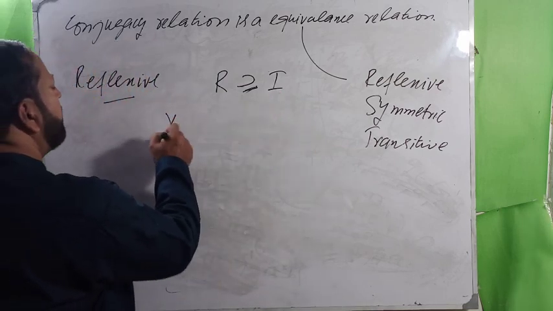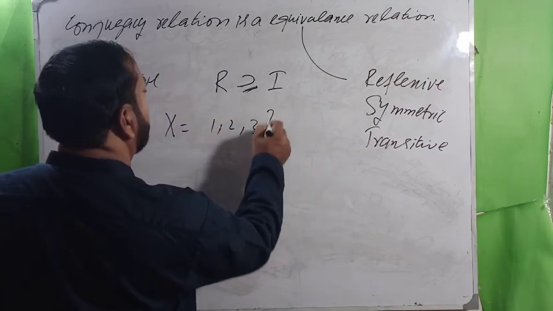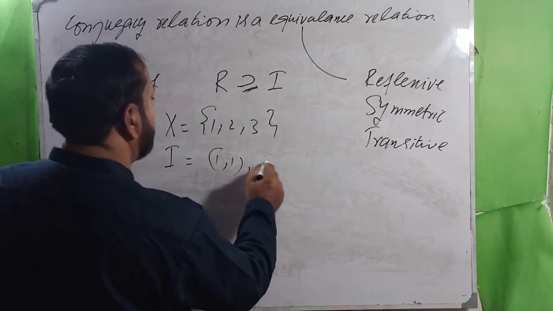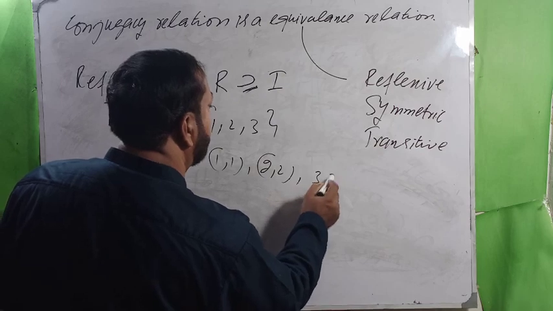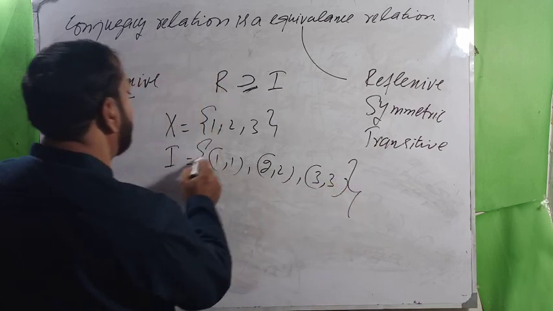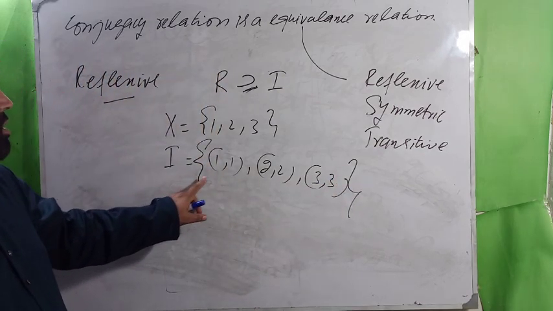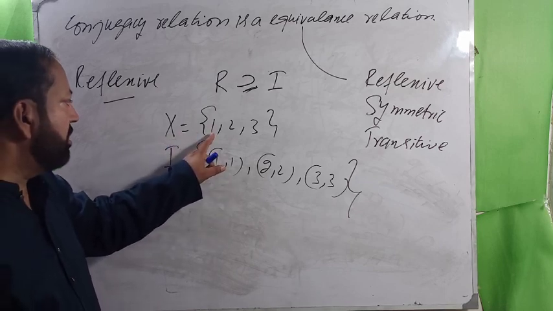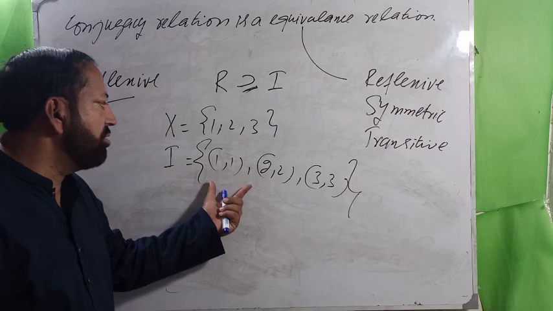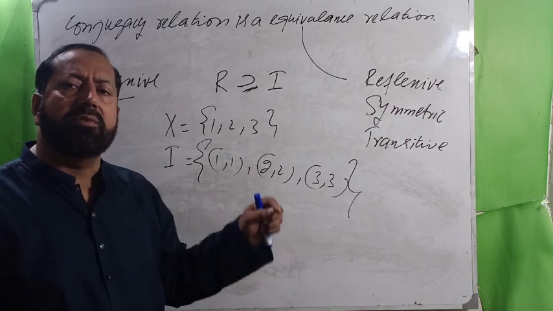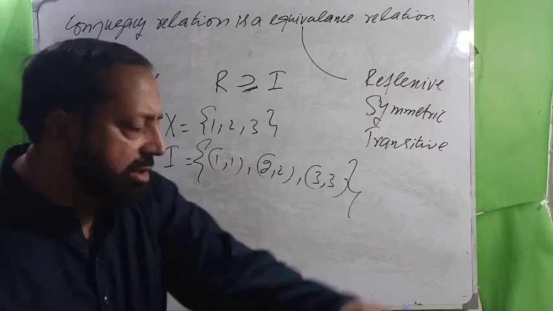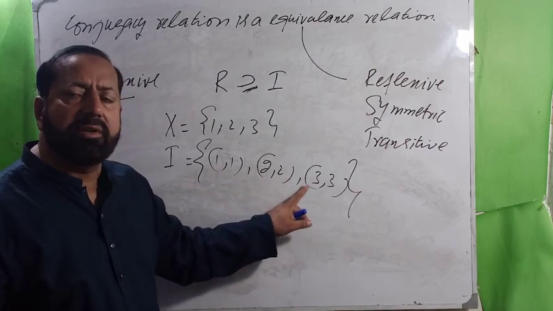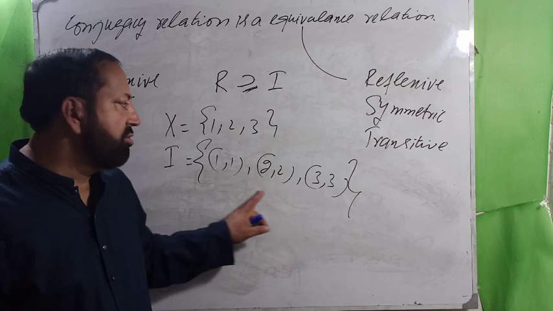Say if you have the set X equal to {1, 2, 3}, then of course the identity relation is (1,1), (2,2), and (3,3). This is an identity relation on X, the set of all those elements which are related to themselves.